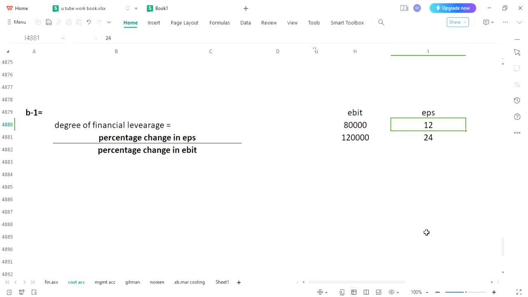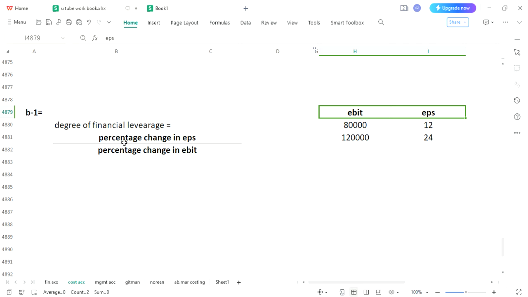So in this way our data has been posted. Understand again: 80,000 EBIT was given in your book and we have calculated EPS. The answer was checked and that was 12. And similarly 120,000 EBIT for the second option was given in your question, and 24 EPS we have calculated. So these are the two terms which will be used to calculate degree of financial leverage.